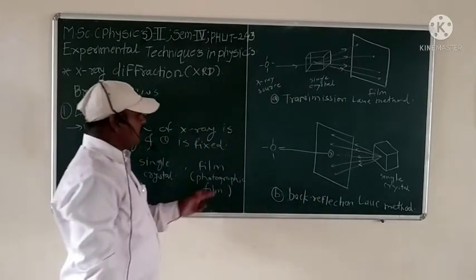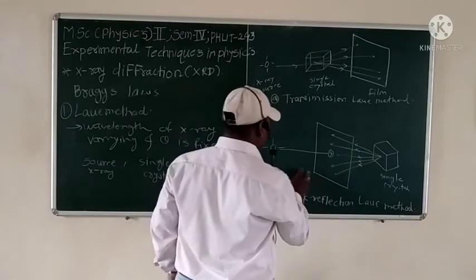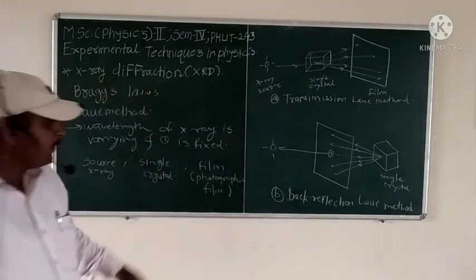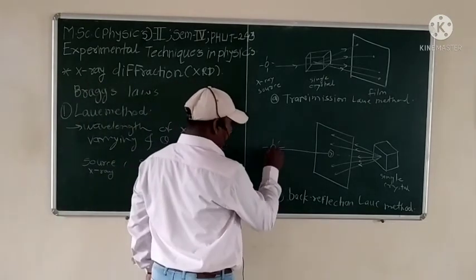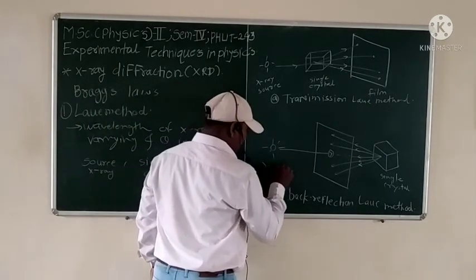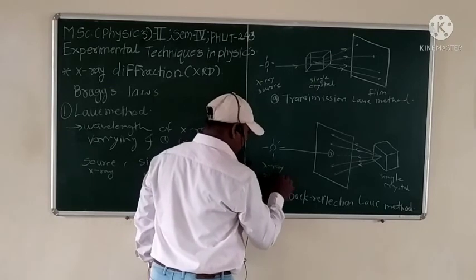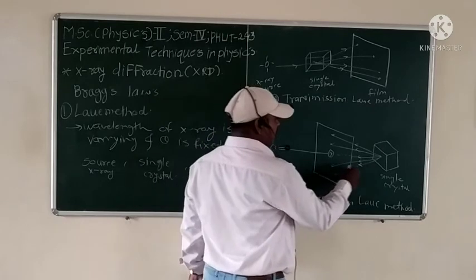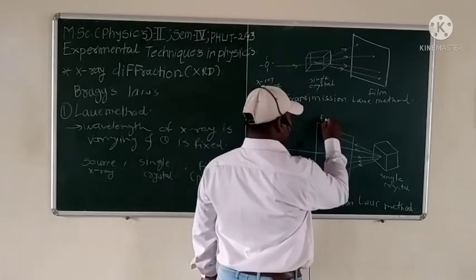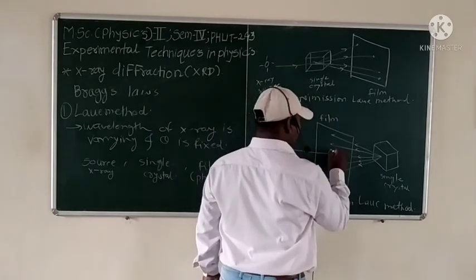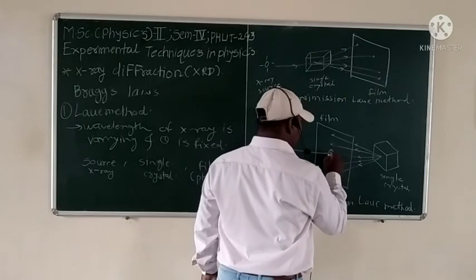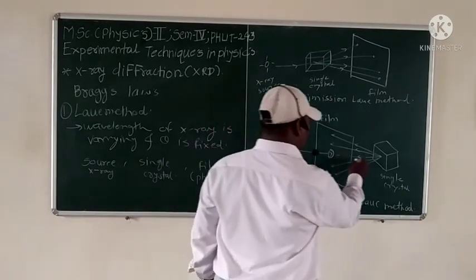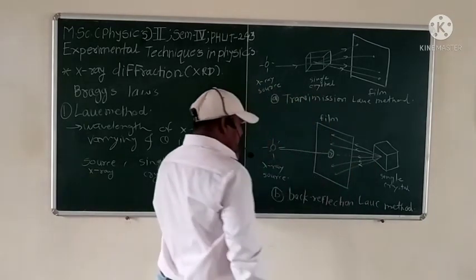When these diffracted X-rays interact with the photographic film, it gets illuminated and creates the pattern which the crystal planes produce. A similar case happens over here. The only difference is that the X-ray source beam is incident on the crystal through the film, which has a small hole so that the X-ray beam can pass easily without impacting the film directly.